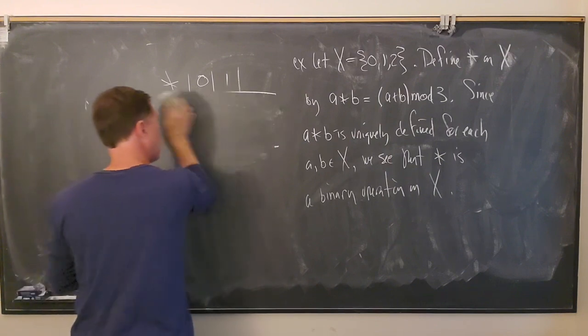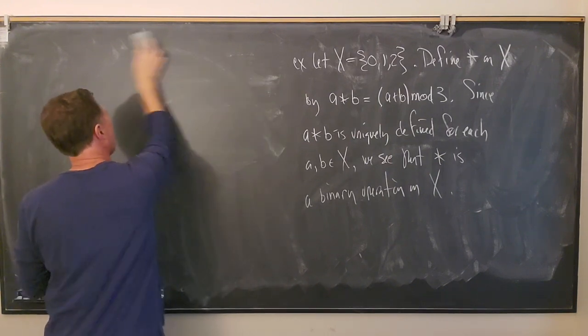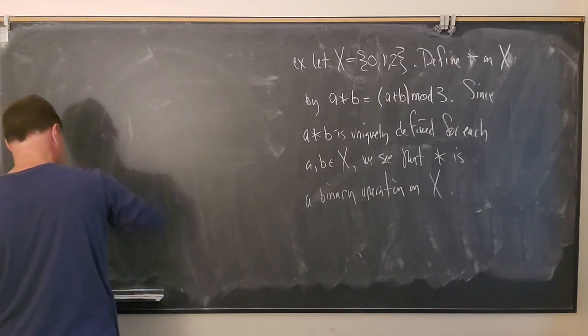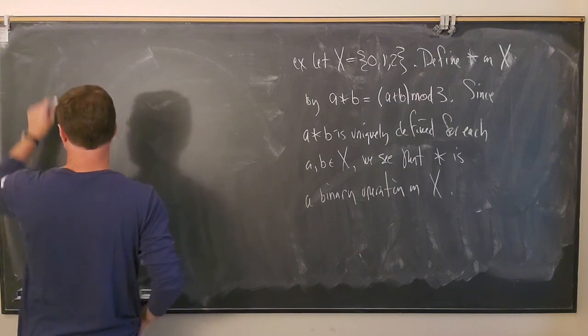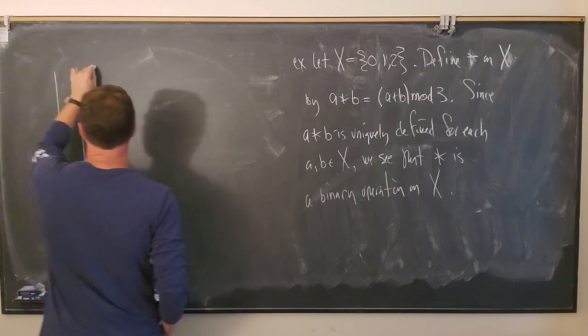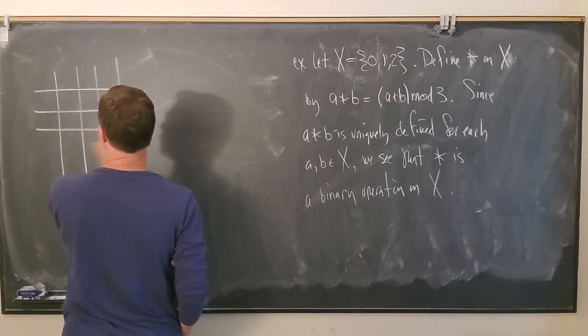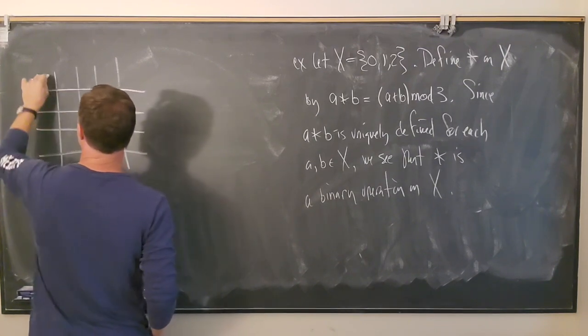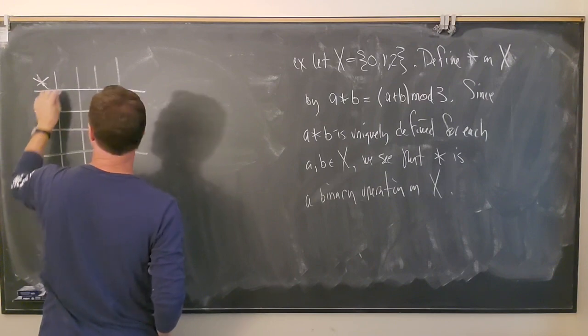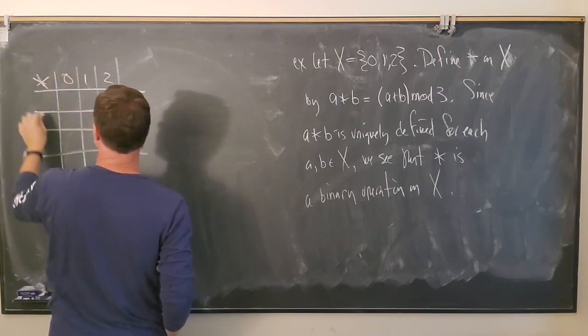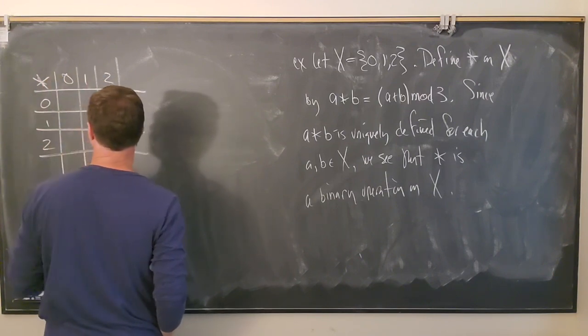What this table does is display how the arithmetic on the set behaves. In this case we're going to have 3 elements. We're still calling it star, but now our elements are 0, 1, and 2.